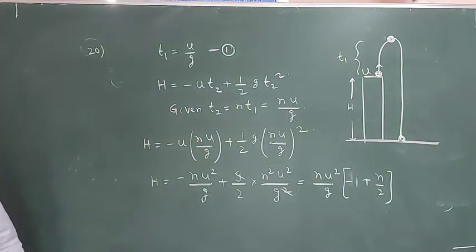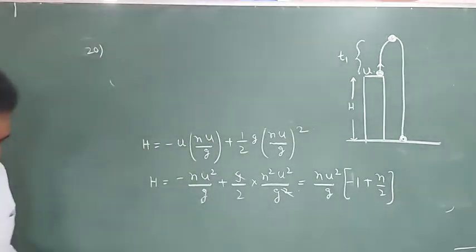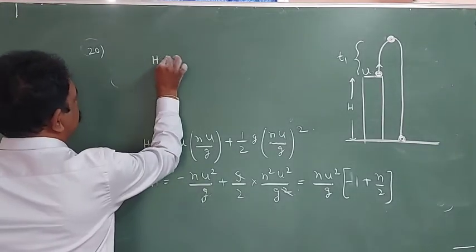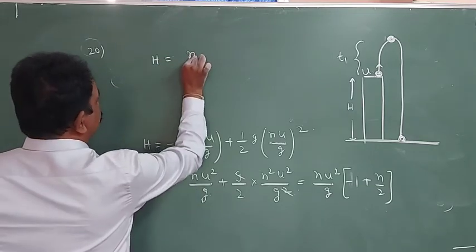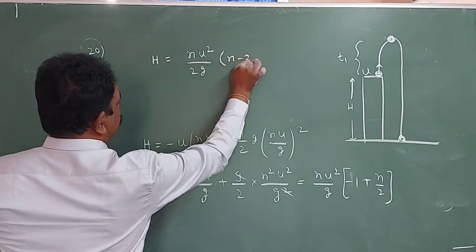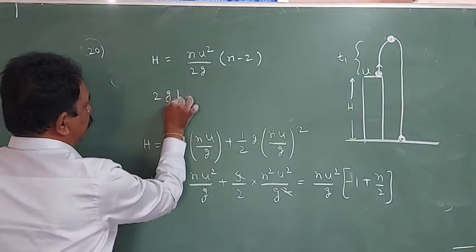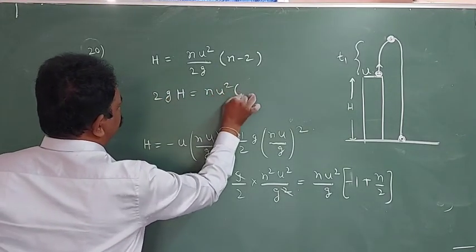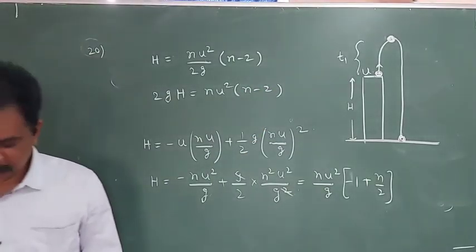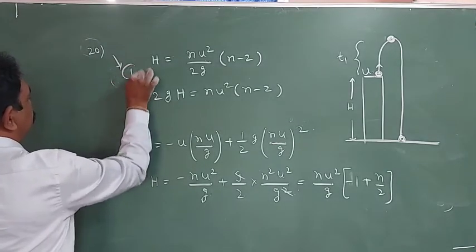So then what we will get? h is equal to nu square by 2g into n minus 2. So 2gh is equal to nu square into n minus 2. So 20, it will be first option.